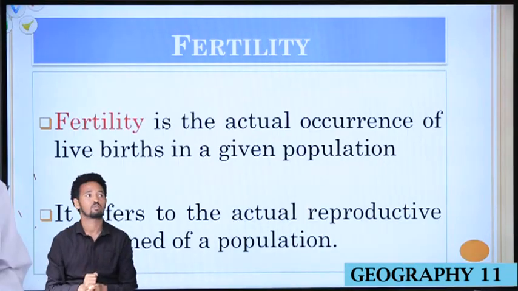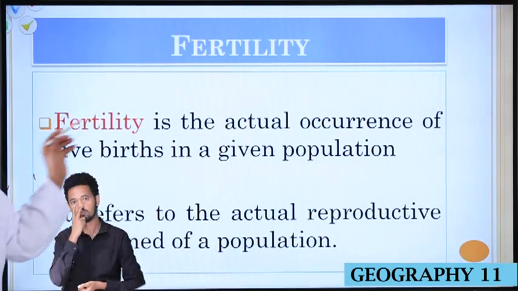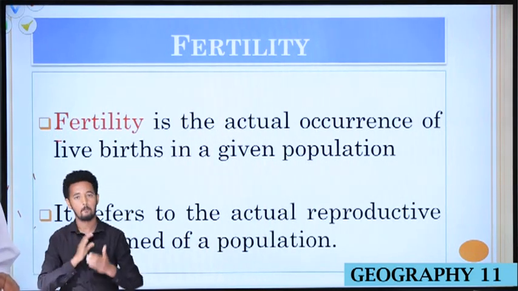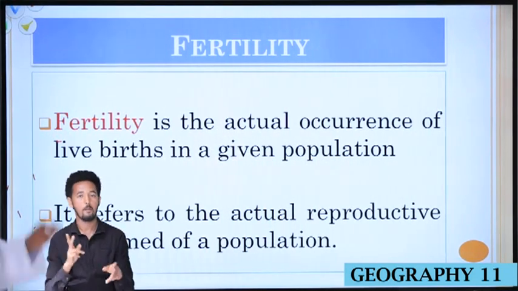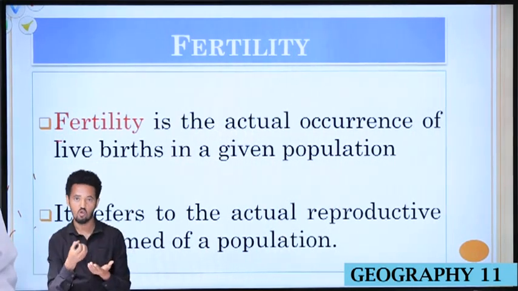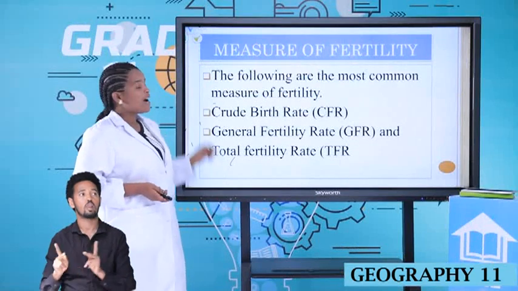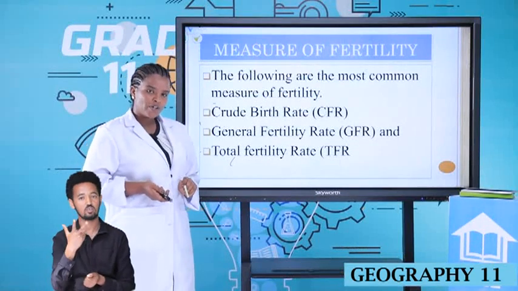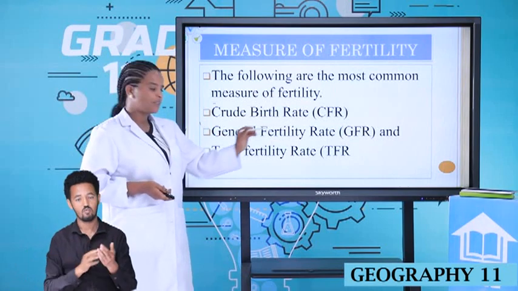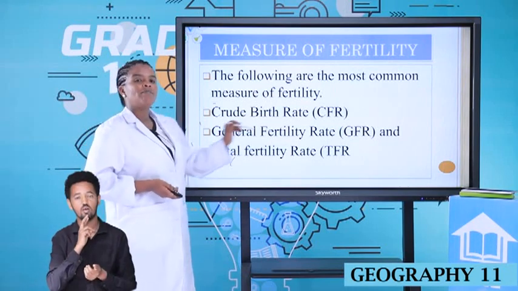Let us see what fertility is. Fertility is the occurrence of birth in a given population, or it is the reproductive performance of a population. There are three types of measures of fertility. These are crude birth rate, general fertility rate, and total fertility rate.